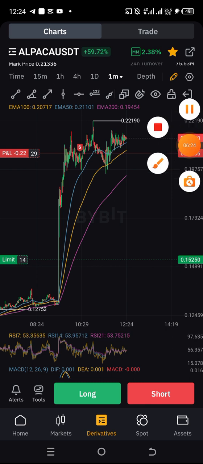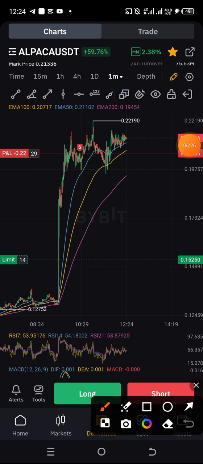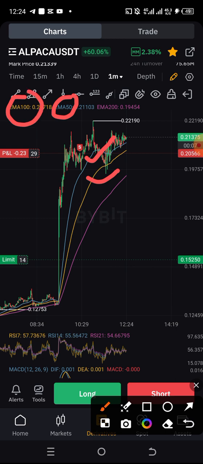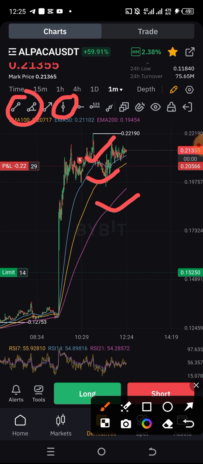When it comes to EMA, my blue color is my EMA 50, as you can see here, while my yellow is my EMA 100, and this particular purple one is my EMA 200.